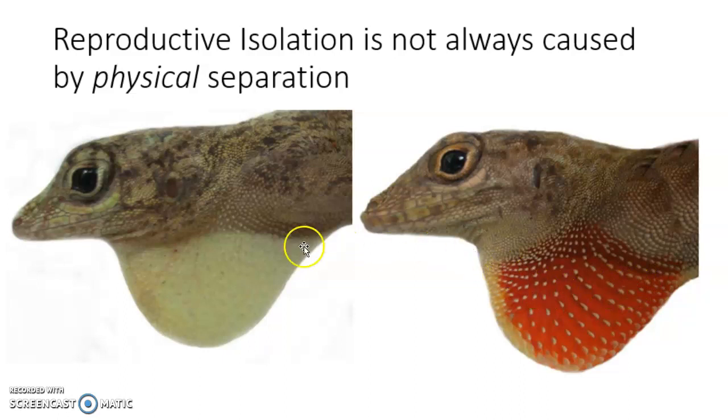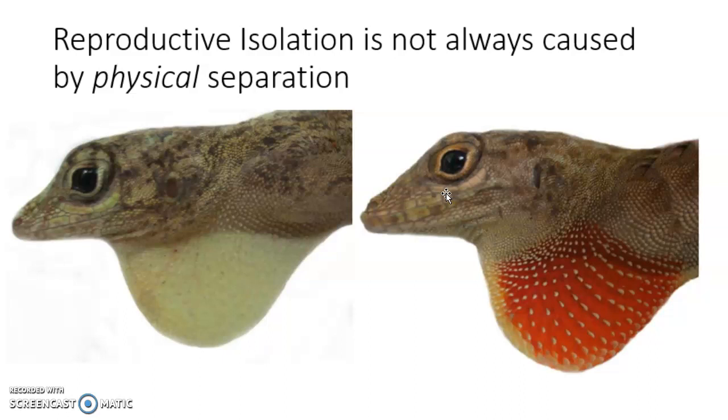And so some lizards will prefer a greenish dewlap. Other anoles will prefer a reddish dewlap. And so this leads to reproductive isolation because the green dewlaps will not breed with the red dewlaps and vice versa. So now we're looking at a separation here, but it's not a physical separation, it's a behavioral separation. This can still lead to reproductive isolation, which could potentially give us new species.